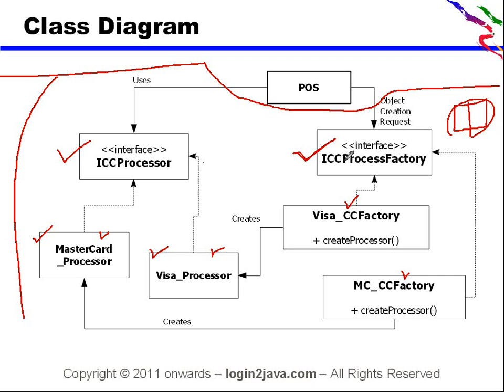They will provide the implementation for processing the credit card for American Express through this point of sale terminal by implementing and sending two classes. One is ICC process factory, another one is ICC processor. That is interface credit card processor and interface credit card processor factory instance for American Express factory. So this is basically configuration driven factory method.